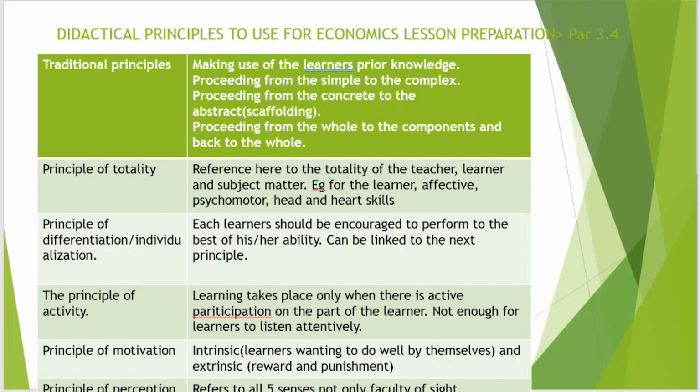Right? Then the reduction in the subject matter must indicate how you are going to reduce the subject matter. Then what are the lesson objectives, or the learning objectives and the teaching objectives?